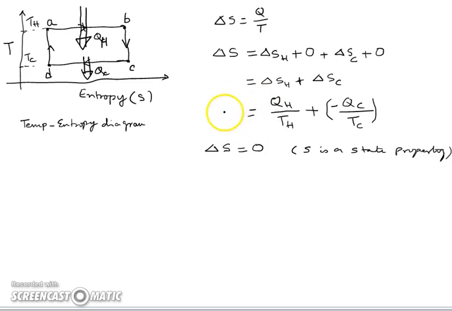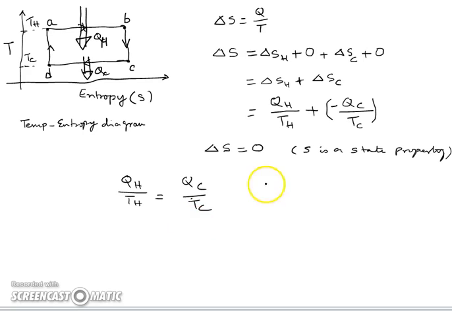So if I equate delta S to 0 here, then we can say that QH over TH is equal to QC over TC, right? From here, delta S equal to 0, so QH over TH is QC over TC.